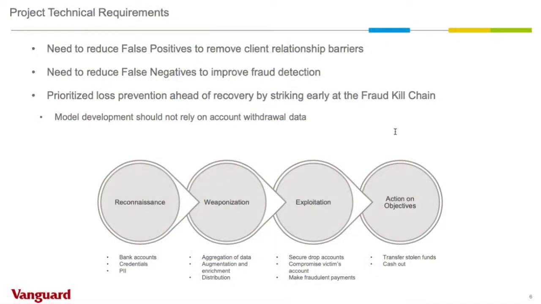So based on the current state where we were using mostly rule-based detections, and talking to Jose, he really asked us to reduce the false positives as well as reduce false negatives.